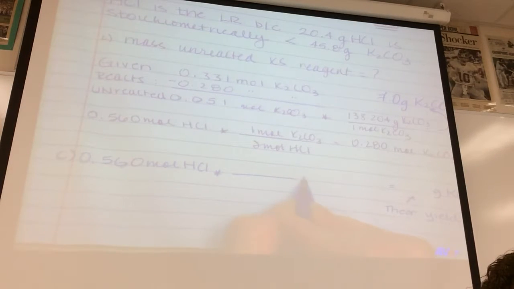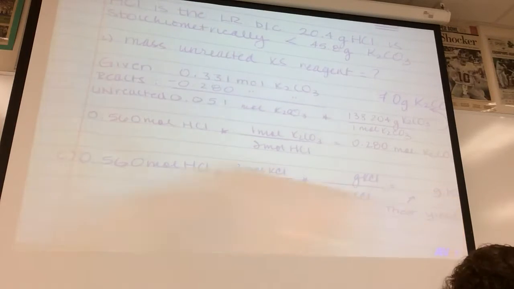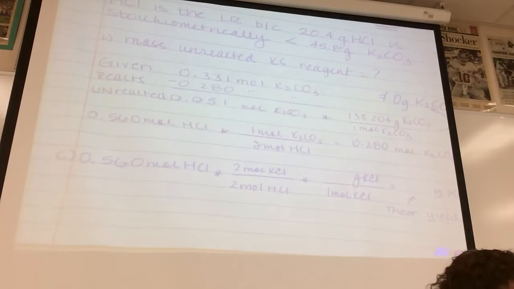And in 2 steps, and this you already know how to do as well. From the balanced equation, you can convert from hydrochloric acid to the potassium chloride, 1 mole of potassium chloride to the mass in grams off the periodic table.